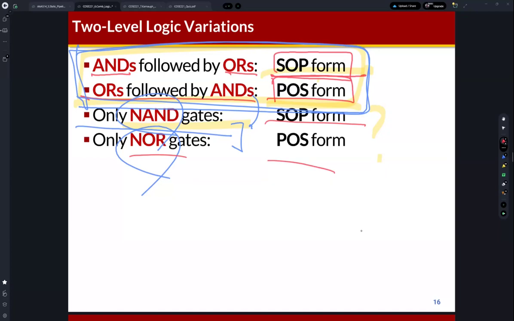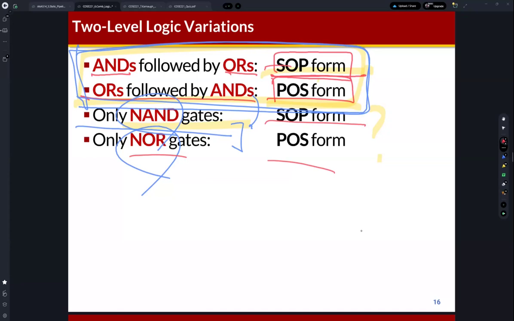From the SOP form or POS form, we can apply De Morgan's theorem. If we apply De Morgan's theorem, then we can replace the AND gate with the NOR gate, and we can replace the OR gate with the NAND gate.